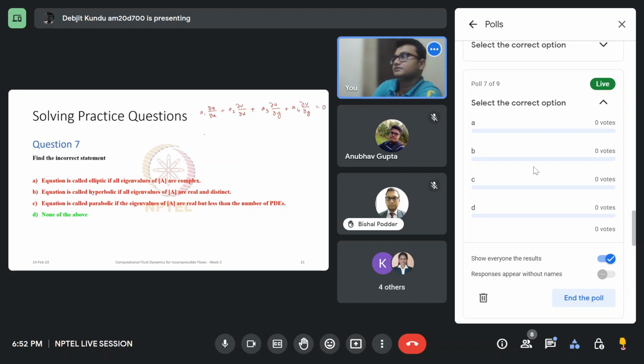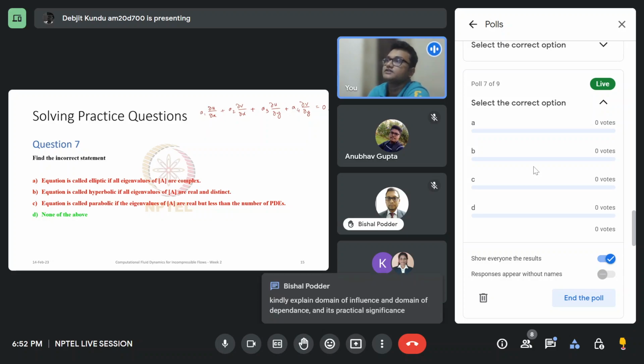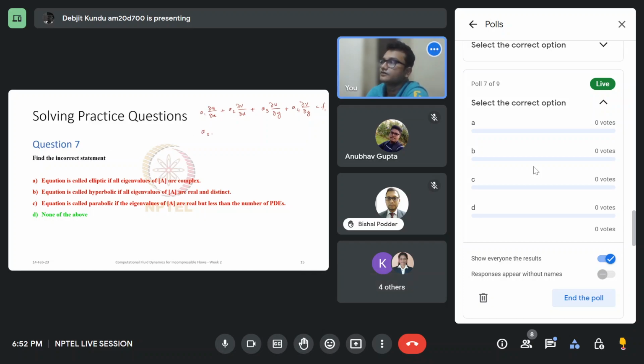And there is a second equation: a5 ∂u/∂x plus a6 ∂v/∂x plus a7 ∂u/∂y plus a8 ∂v/∂y equal to some f2. So what we can do is compress this set of equations into something like this.